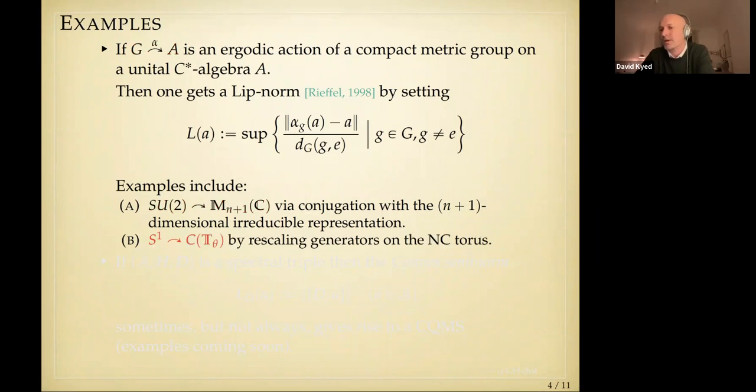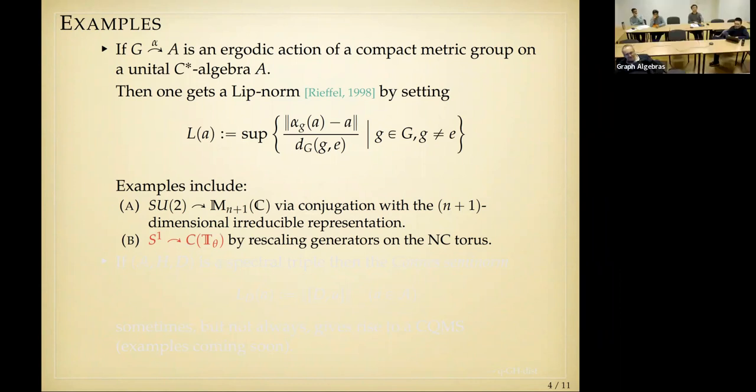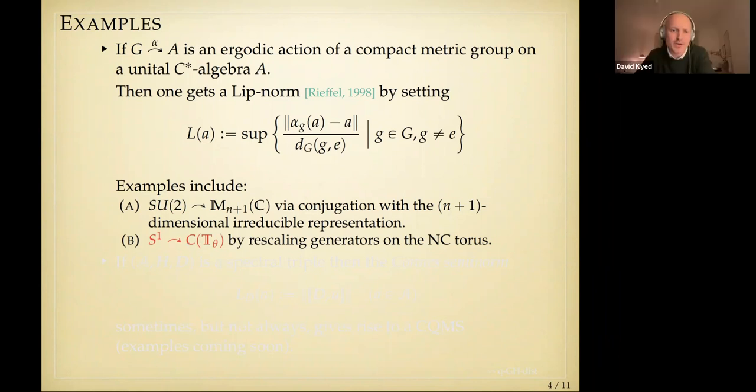Another and more infinite dimensional thing you could do is you could look at the non-commutative torus, and then you could start... Wait, sorry, David, wait. Is it obvious that this action is ergodic? Maybe not, but it is true. Okay.